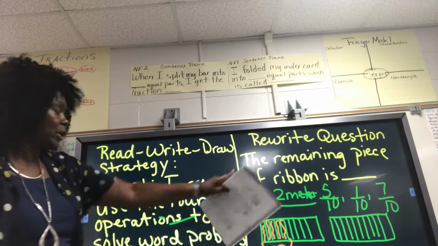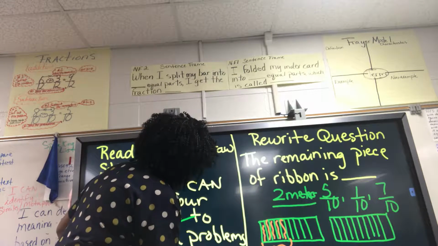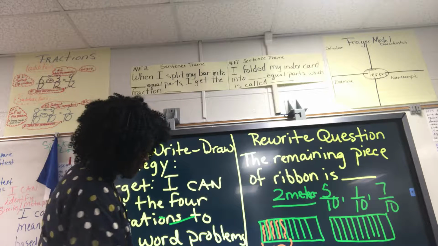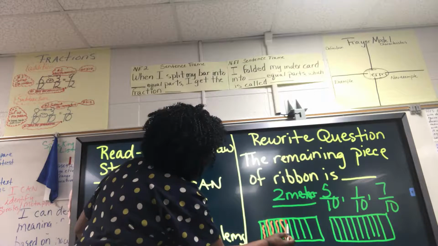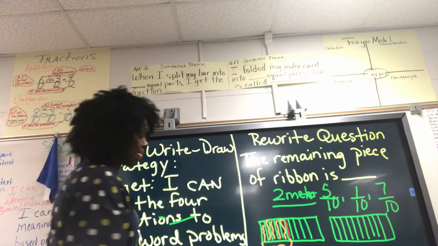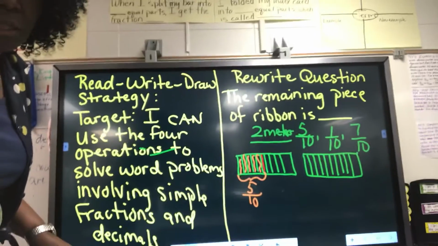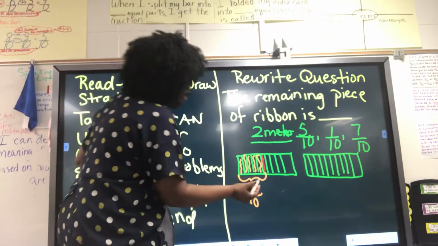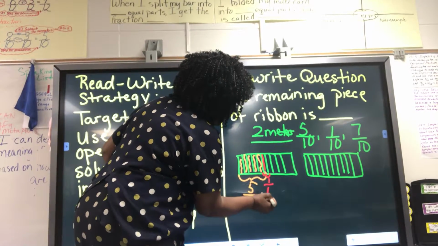And we're going to look at the next fraction, the next piece of ribbon that was cut. Let's put that in a different color. That is 1/10. I don't know if you guys can see that real well. I'm trying to do different colors so it'll come up. So that's 1/10. That's right in there.